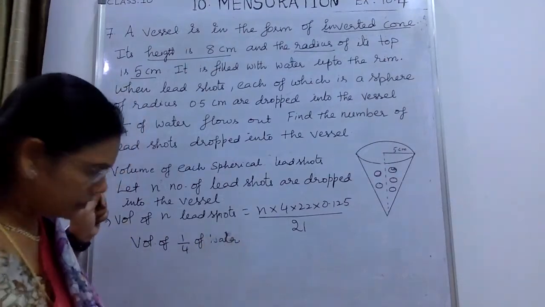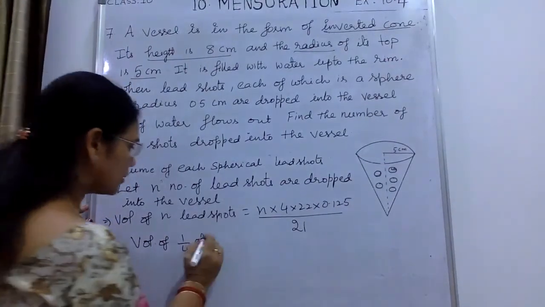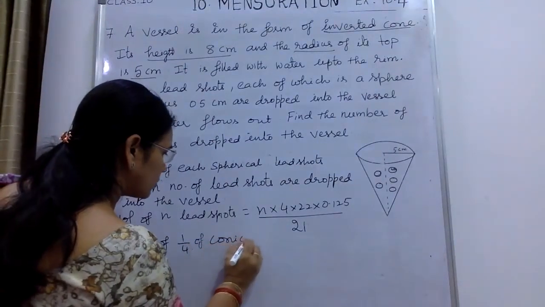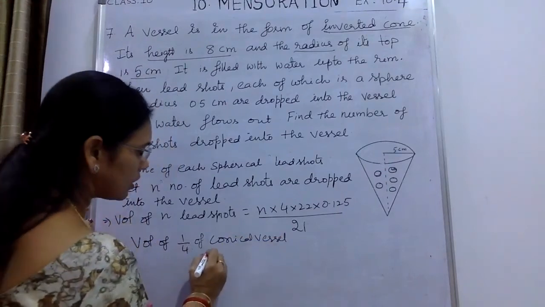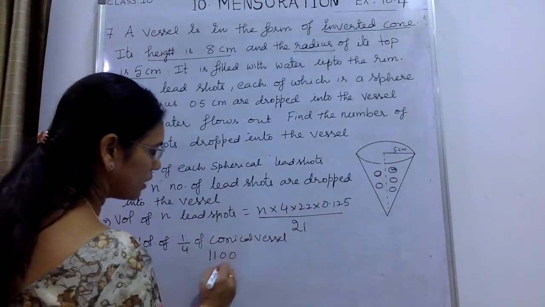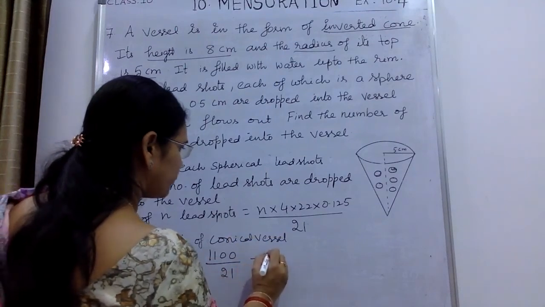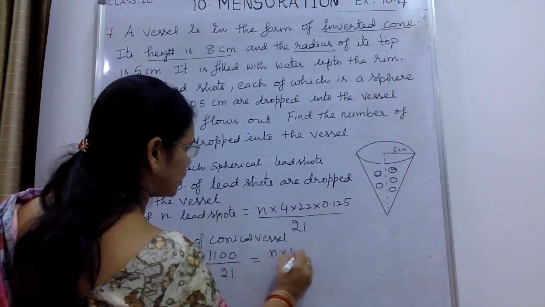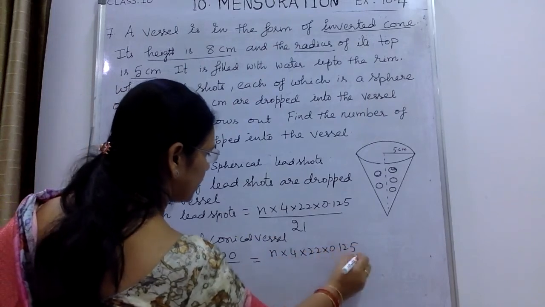That is, 1100 by 21 is equal to n into 4 into 22 into 0.125 by 21.